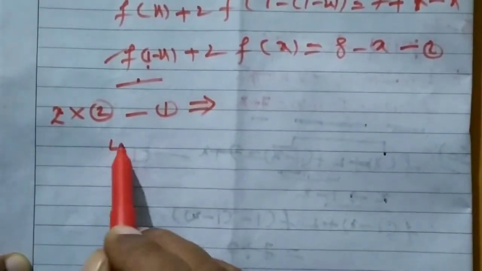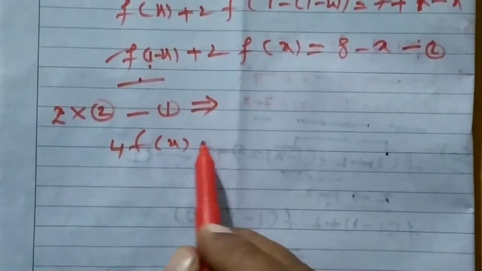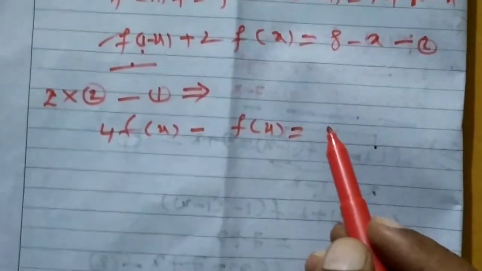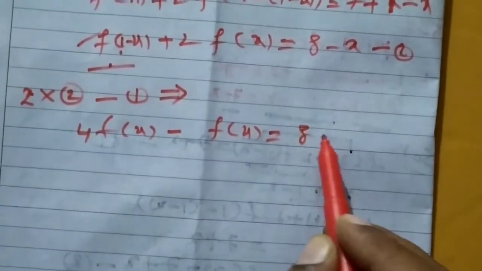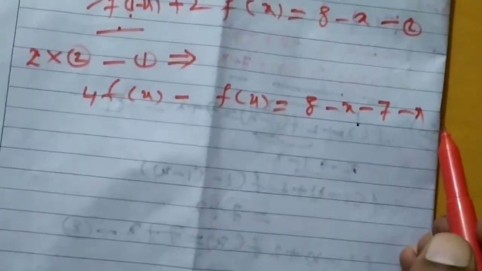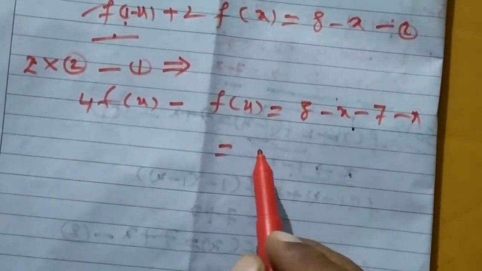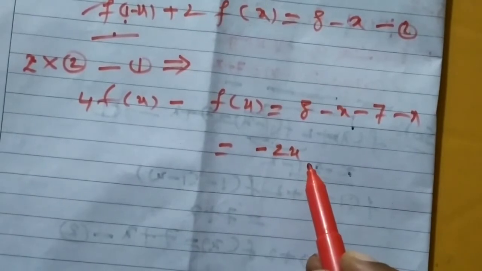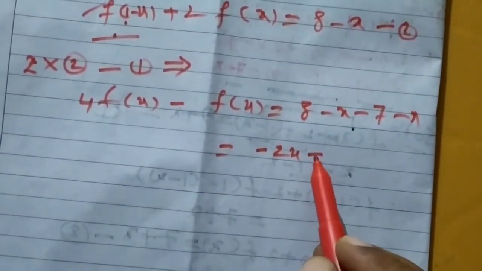2 into 2, 4f(x) minus f(x) is equal to 8 minus 6 minus 7 minus 6, which is equal to 16 - 2x - 7 - x, that is 9 - 3x.